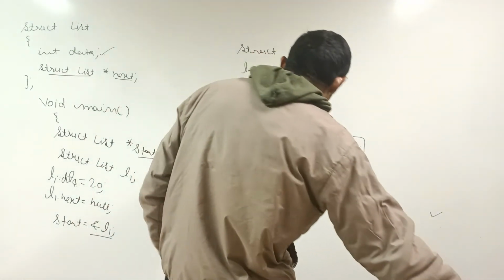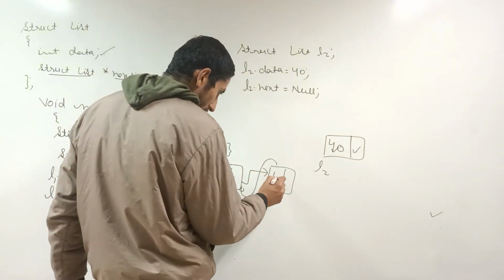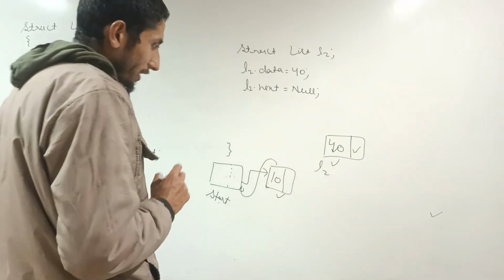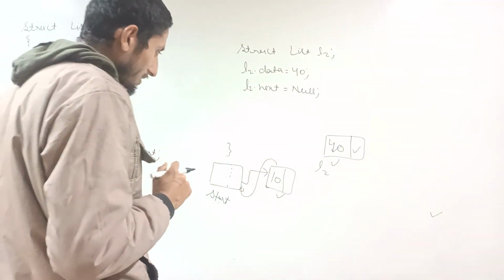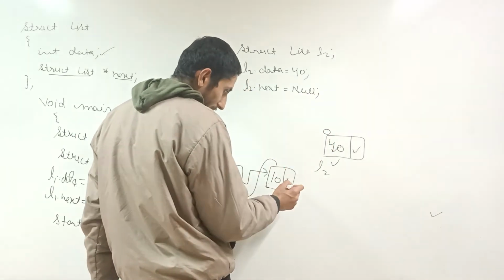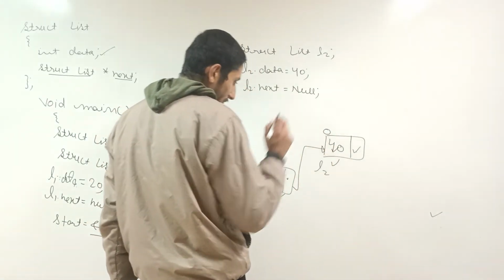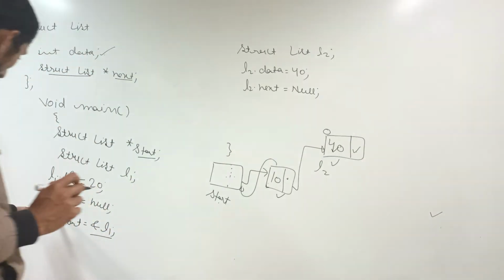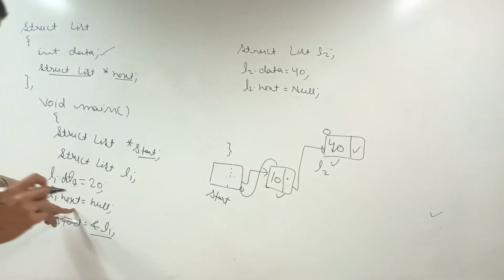But there is a problem. Till now this block and this block are independent. In order to make a linked list, I have to put the address of this block here so that these two blocks will be linked. Are you following this? So I have to access L1 dot next.